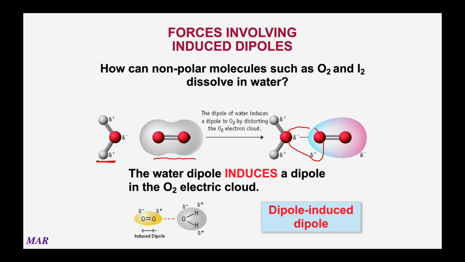And I want you to think nonpolar when you hear induced dipole, because you're having to make a dipole where one didn't exist before. No small feat. Oxygen in water is a great example. Also nitrogen in water. Anytime you have something nonpolar and something polar together, that's the dipole-induced dipole force.